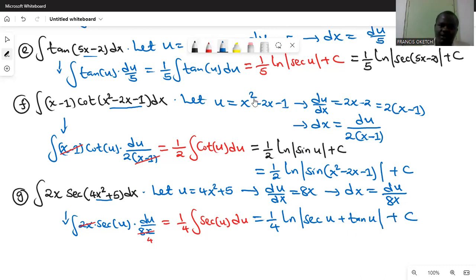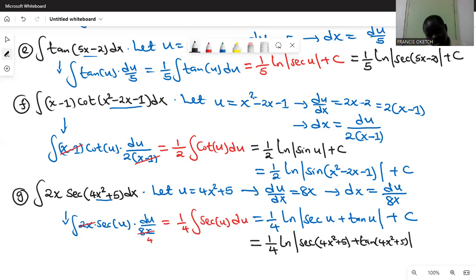If I replace u, I am going to get 1 over 4 ln of sec of 4x squared plus 5 plus tan of 4x squared plus 5, and you add the constant c of integration.